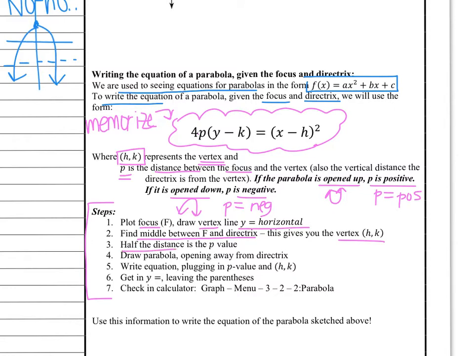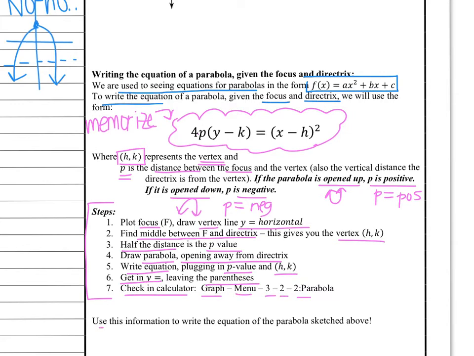Half the distance between those two and find the p-value. Draw the parabola opening away from the directrix. Write the equation, plugging in the p-value and h, k, the vertex. Get it into y equals, leaving the parentheses, so don't distribute. And then step 7 is check it in the calculator. You would hit graph, menu, 3, 2, 2, parabola.